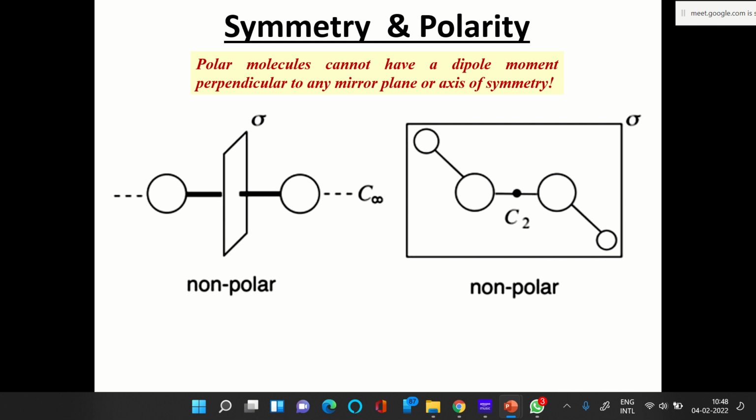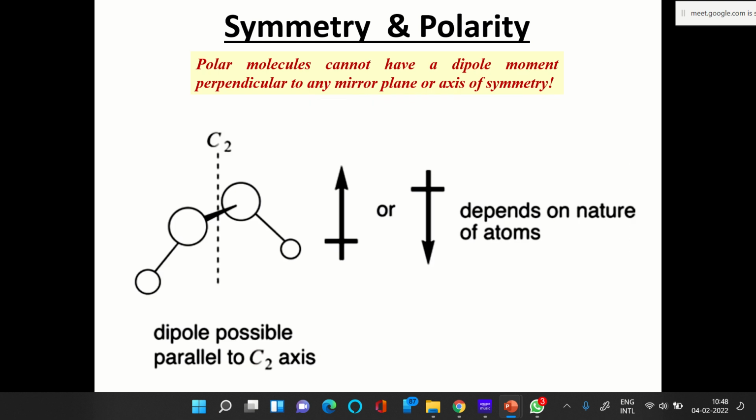So polar molecules cannot have a dipole moment perpendicular to any mirror plane or axis of symmetry. Again, a mirror operation should not change the thing. So whichever molecule has a perpendicular mirror plane will not have a dipole moment.